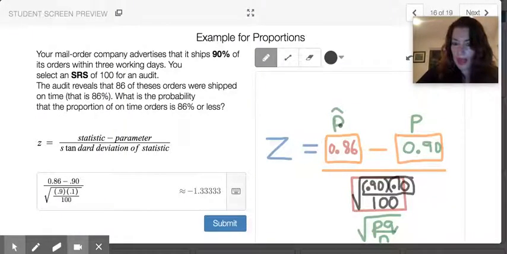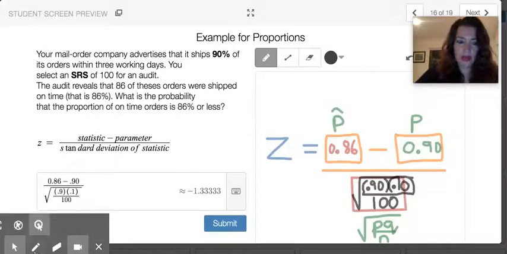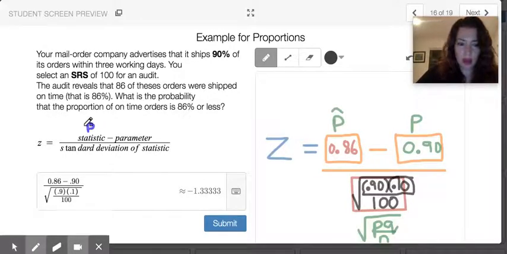P hat is our statistic. Our parameter is our population proportion, P, and the standard deviation is right here. Putting the numbers in, we get a Z-score of negative 1.33.